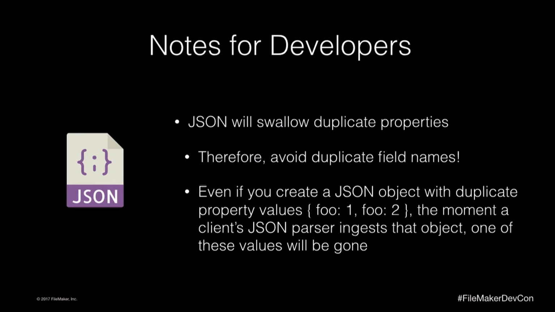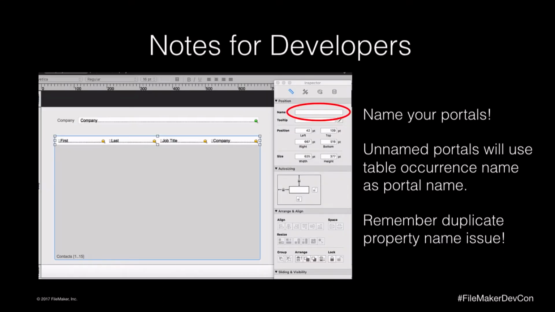And a follow-up to that: name your portals. I know we haven't enforced that in Pro recently, but the deal is that we group the fields from a portal together, and we use the portal name as the unique identifier.